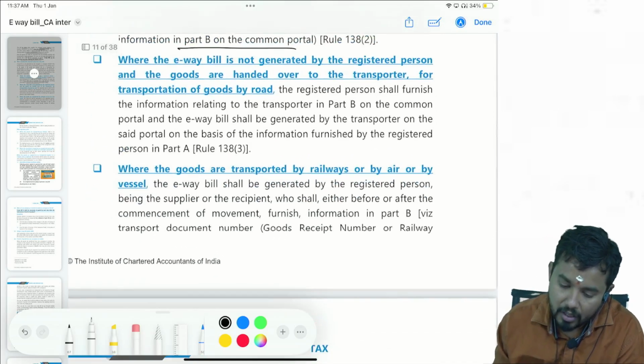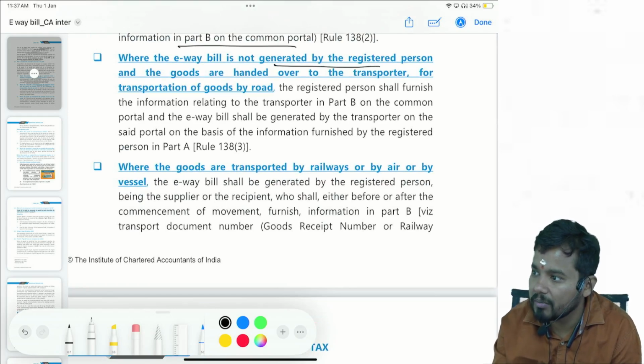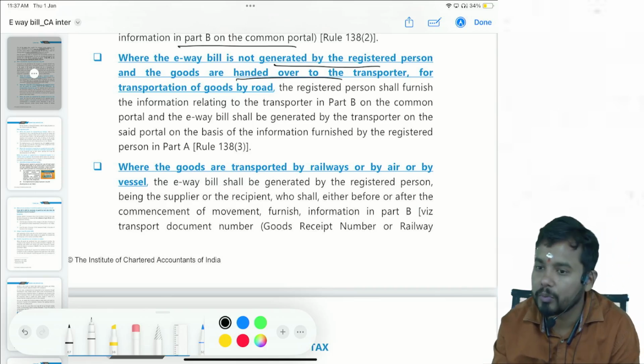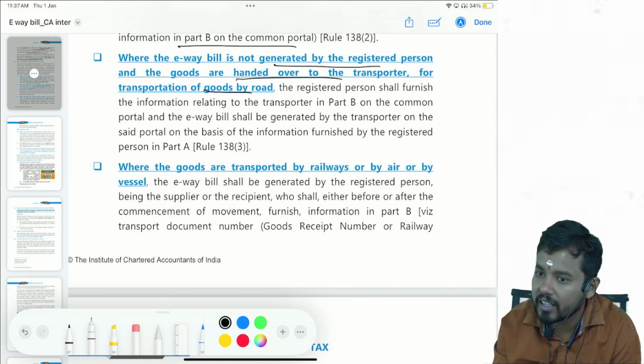Next one. Where the e-way bill is not generated by the registered person and the goods are handed over to the transporter for transportation of goods by road, now tell me, in this scenario, who will generate the e-way bill?